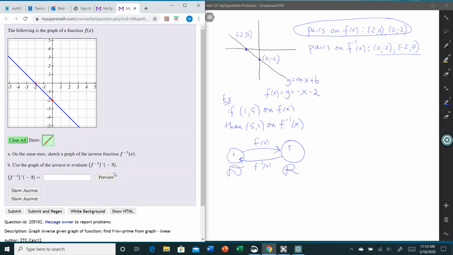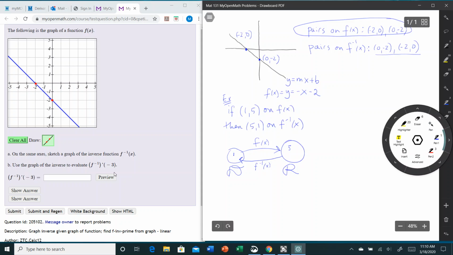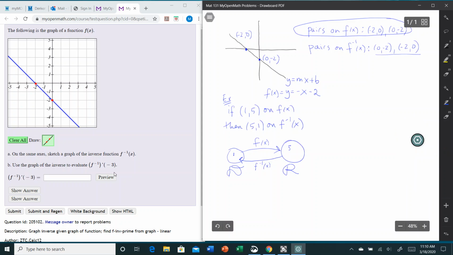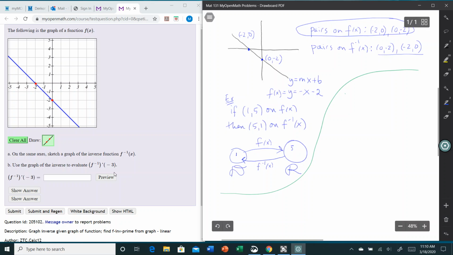Okay, so in part B, we have to use the graph of the inverse function to evaluate f inverse prime of -3. So for the second part, what we're trying to find here is f inverse prime of -3.